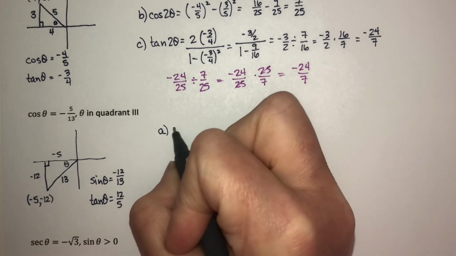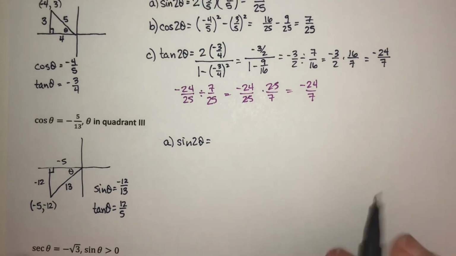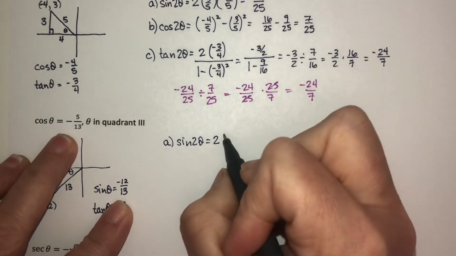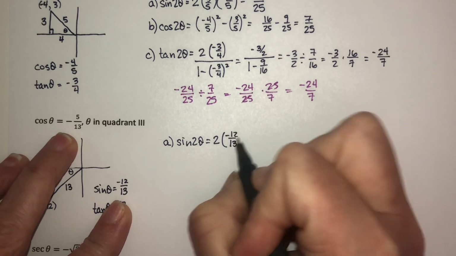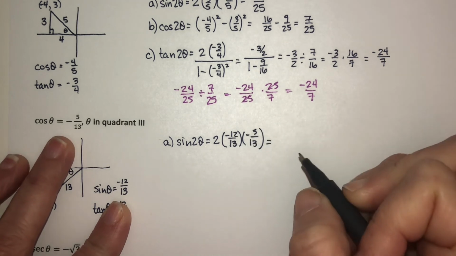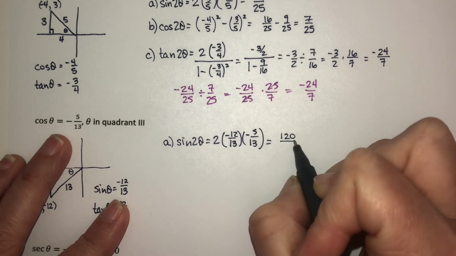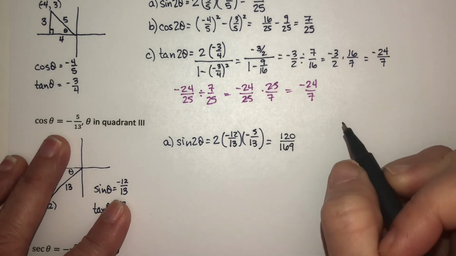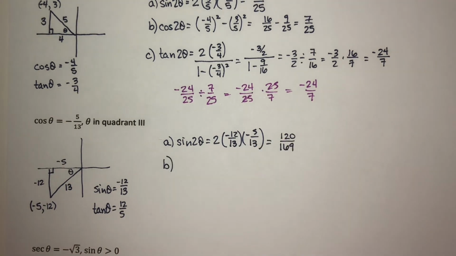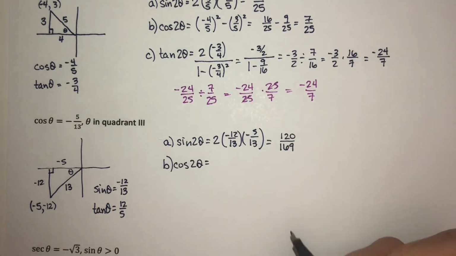So for A, sine of 2 theta is 2 times sine times cosine. So 2 times -12 over 13 times -5 over 13, which ends up being positive 120 over 169. Now for B, cosine of 2 theta.